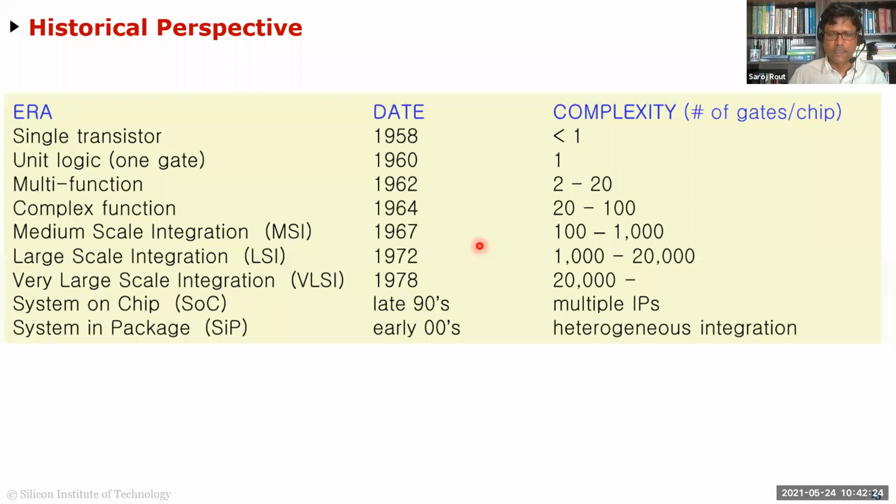Then in the late 60s, it's about 100 to 1,000. And then in the mid 70s, you see about the upper 20,000 when integration happens in that region. And in VLSI, when the term started getting coined around the late 70s or early 80s, we were talking about 20,000 and more.